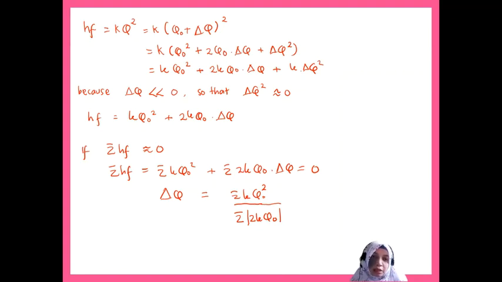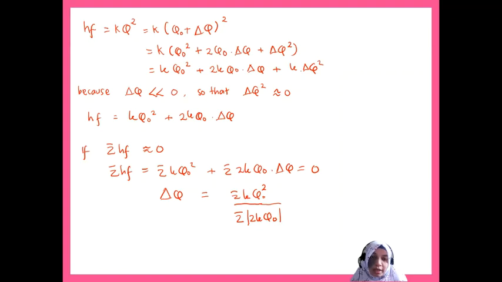Because delta Q is less than 0, that delta Q square is nearly 0, so we can ignore the value of delta Q square.